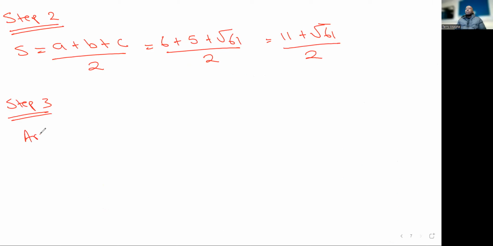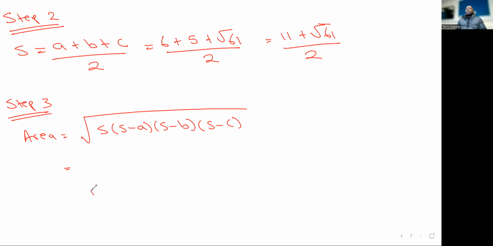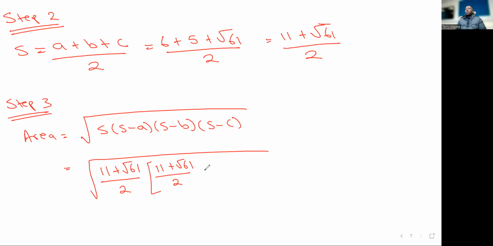So the area is equal to the square root of S into bracket S minus A, S minus B, and S minus C. And that'll give us the square root of S is 11 plus root 61 over 2 into bracket S minus A, 11 plus root 61 over 2 minus 6, okay?